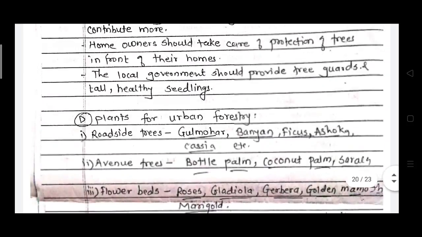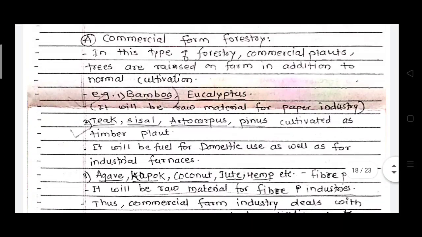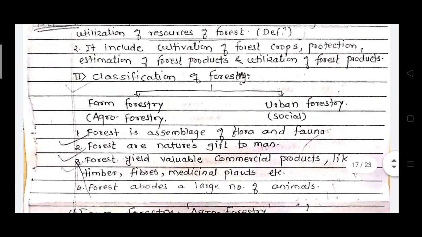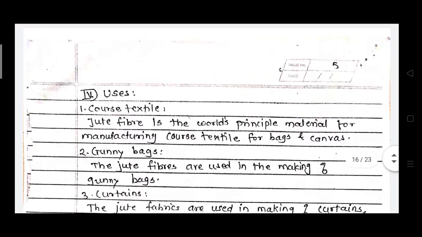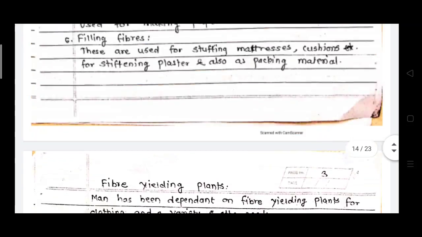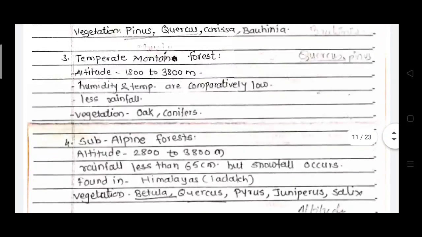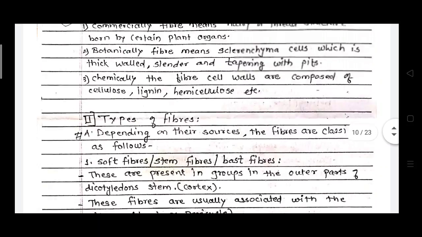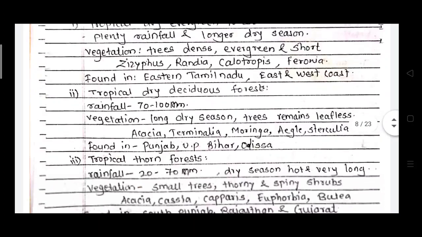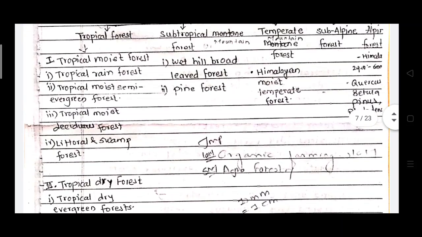So these are the different types of forest present in the Indian climate. So mainly five types of forest are present in India. The first type of forest present in India is the tropical forest.